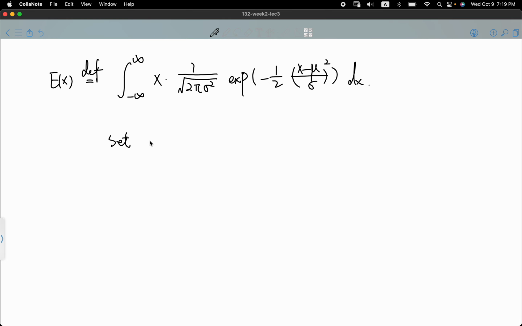So let's set y equal to x minus mu over sigma, which is this one here. So x is just equal to sigma multiplied by y plus mu, and then dx is just sigma dy.